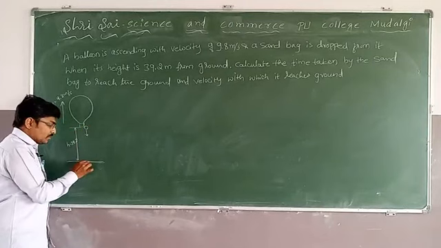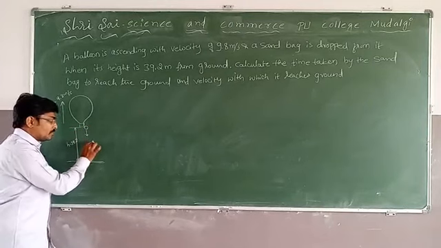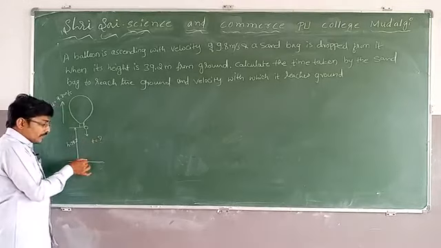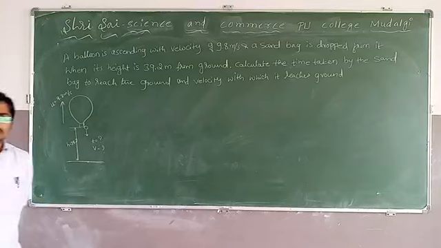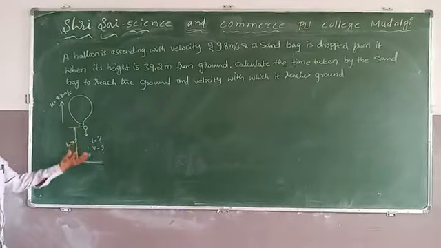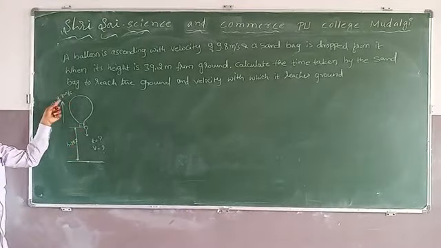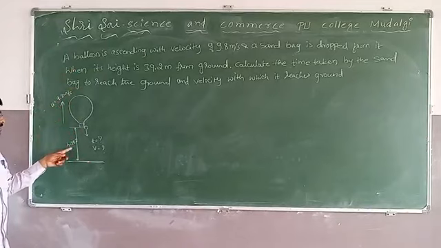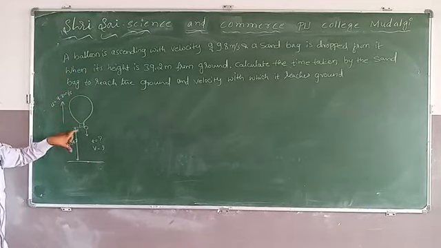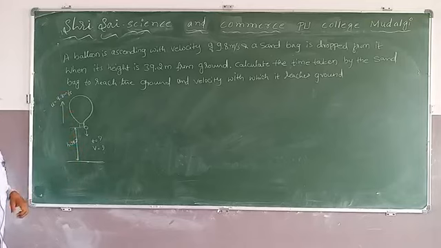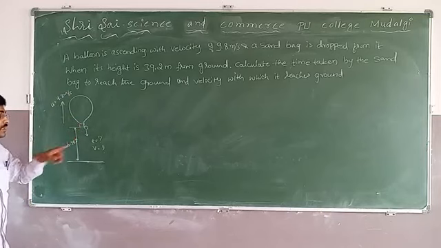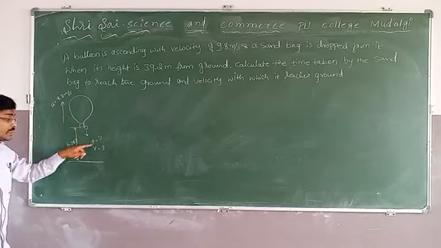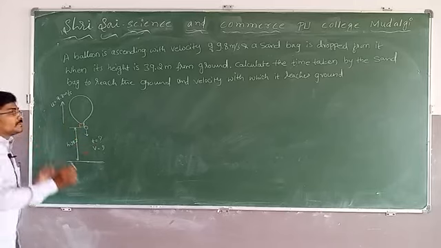To reach the ground, how much time t is taken, and when it is reaching the ground, what is the velocity at that time, this is the question. The balloon is moving with some velocity, this is given, and h is the height. At what height is the sandbag dropped? 39.2 meter. When it is dropped, how much time will that sandbag take to reach the ground, that is the question.